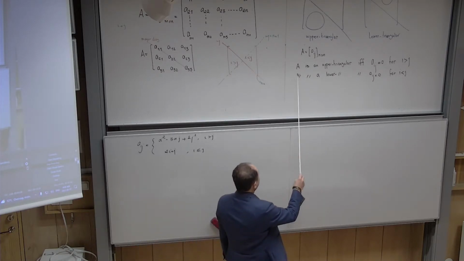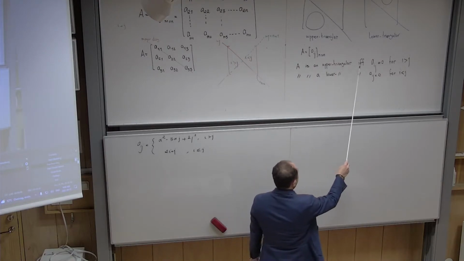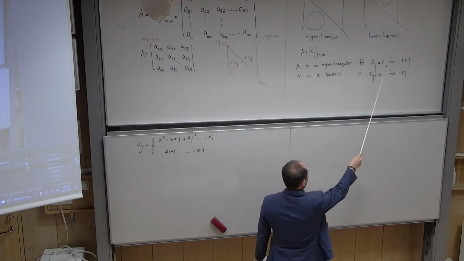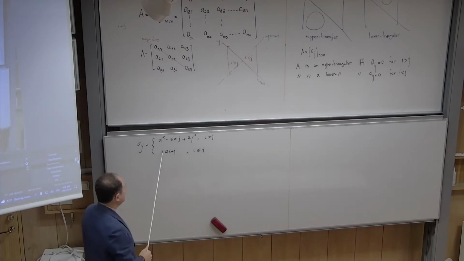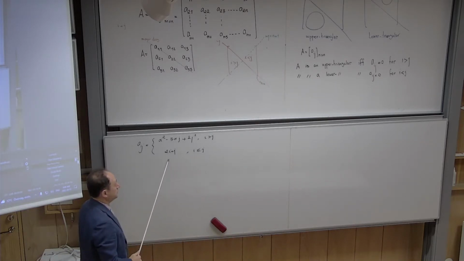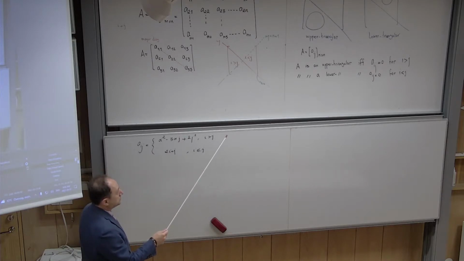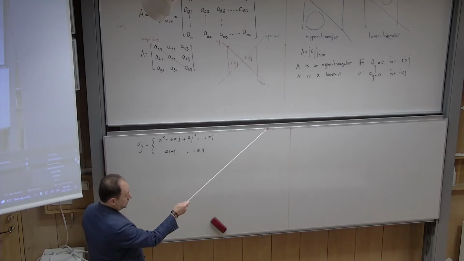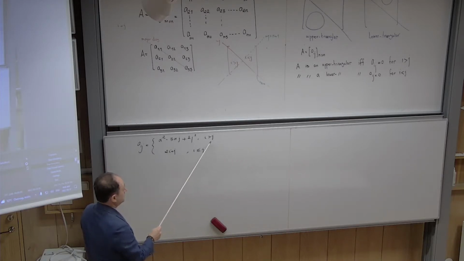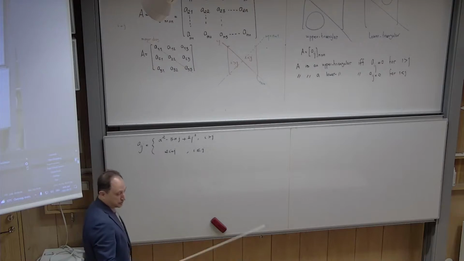And matrix A is an upper triangular matrix if and only if aij is 0 for all i greater than j. So it is clear that the other case is not relevant to our problem here, because we want to make it an upper triangular matrix, and then I am always thinking about the indices where the row index is greater than the column index. So I need to consider this one.